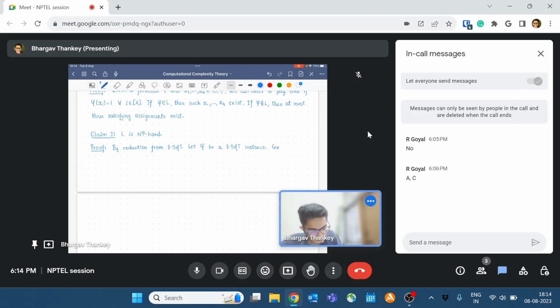Let phi be a three sat instance, and suppose phi is the formula in variables x1 to xn.